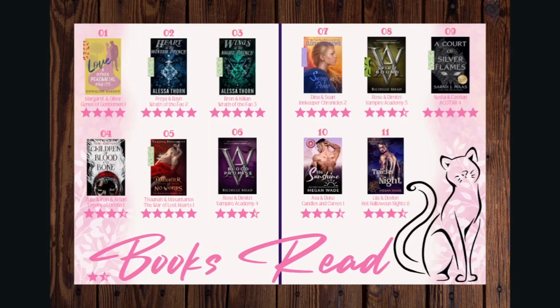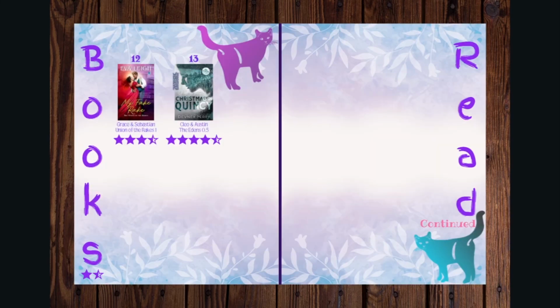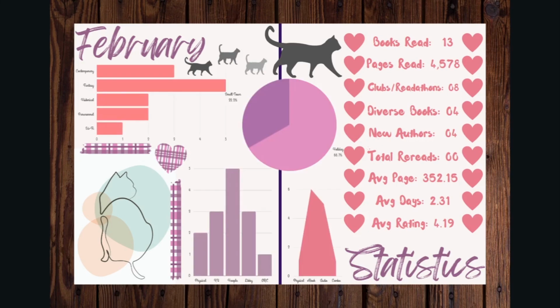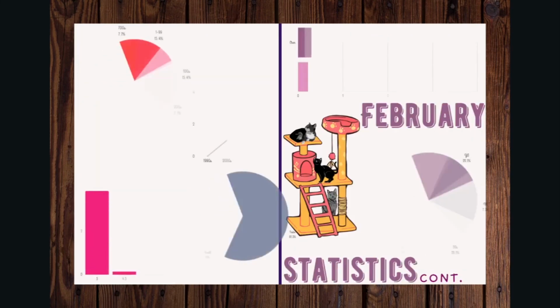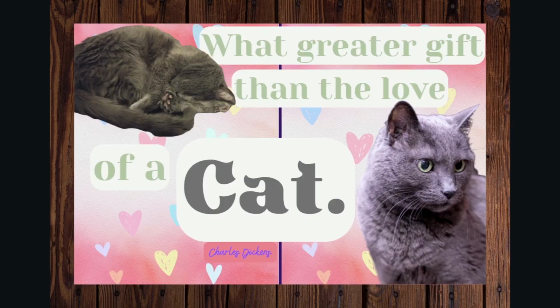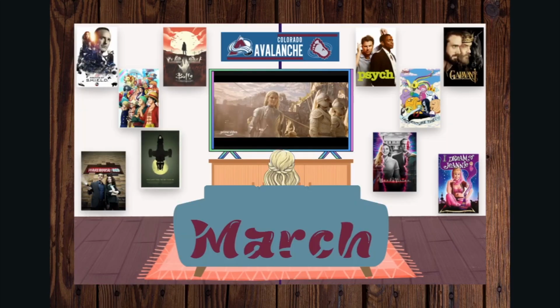And then Books Read Part 1, Books Read Part 2, and then our stats page, and our second stats page, and then our ending quote, What Greater Gift Than Love of the Cat by Charles Dickens. And then we have March.